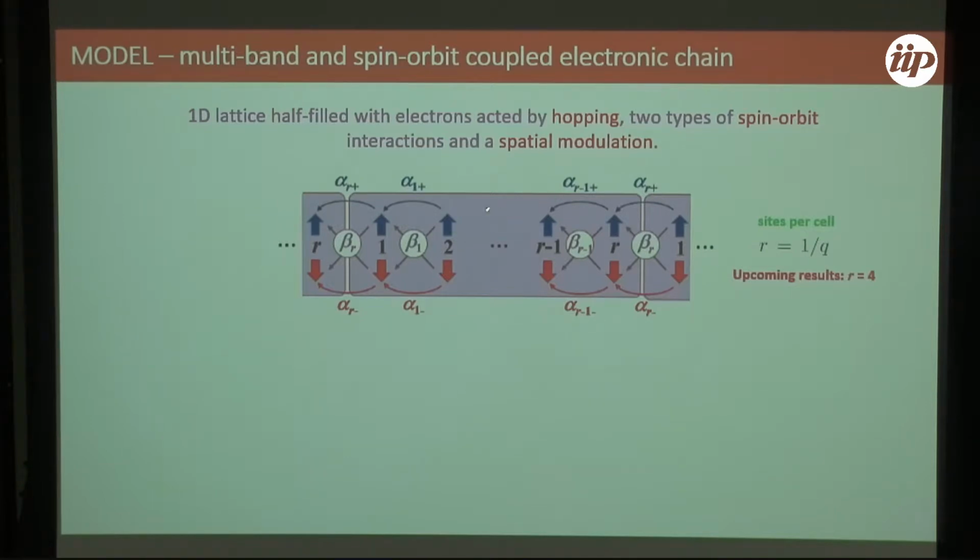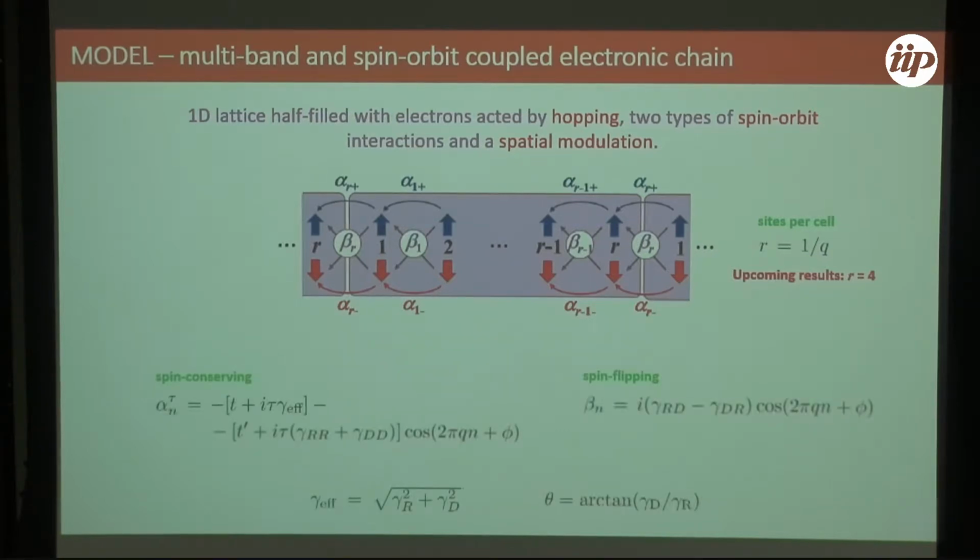So basically, when we rewrite the Hamiltonian a little bit, we see that it has spin-conserving and spin-flipping hoppings, these alpha and beta hoppings that you see here. They can be rewritten in terms of the original microscopic parameters in this way.